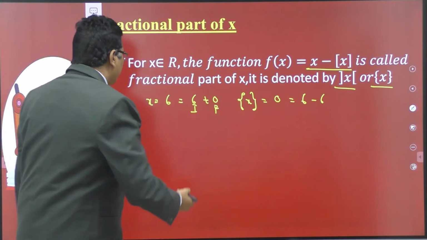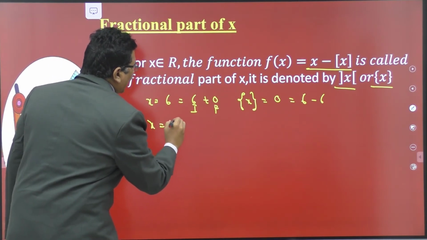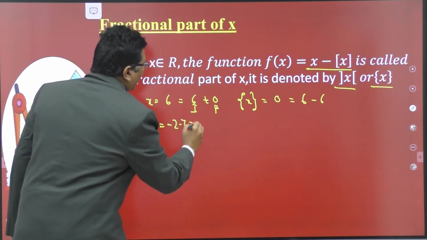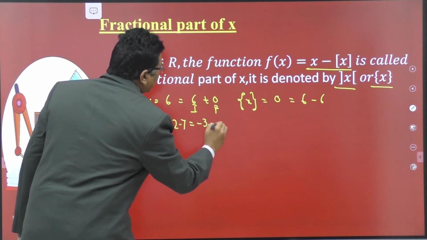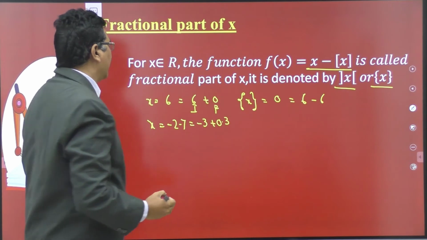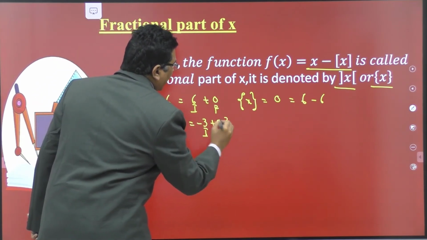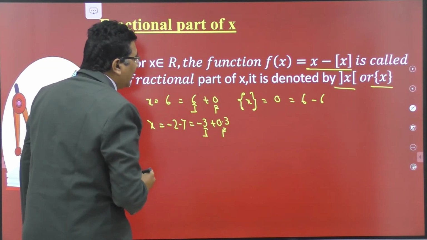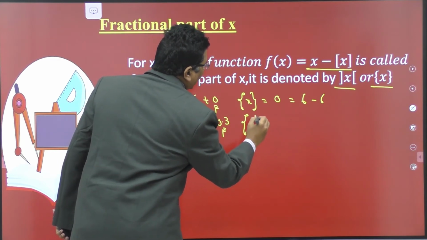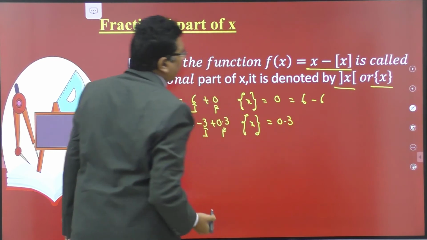Now see one more example. x is equal to minus 2.7, that is equal to minus 3 plus 0.3. This is the integral part and this is the fractional part. Here we want the fractional part of x, that is equal to 0.3.